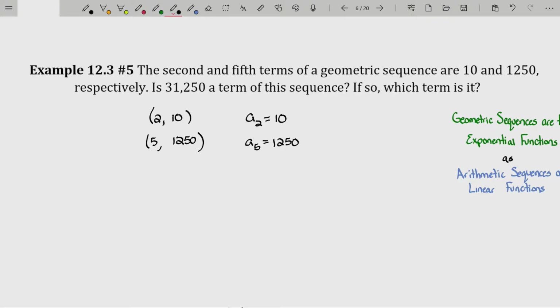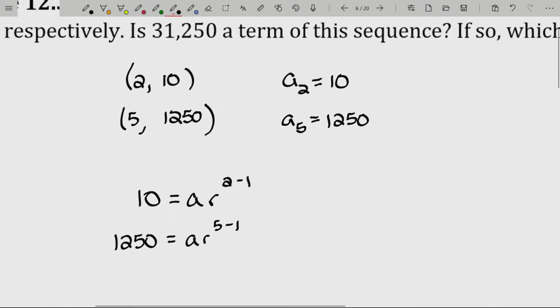Now remember, if it was an exponential function, we could find the formula just by plugging in these points. We happen to know the output is 10 when the input is 2. And we know the output is 1250 when the input for our geometric sequence is 5. Notice what I did.